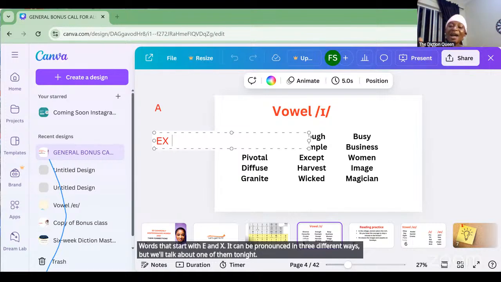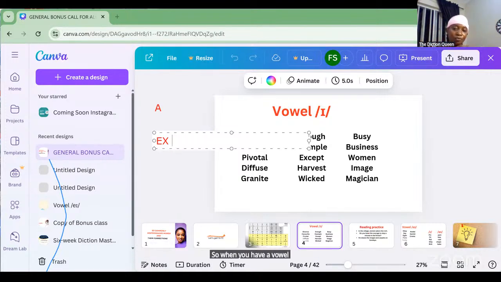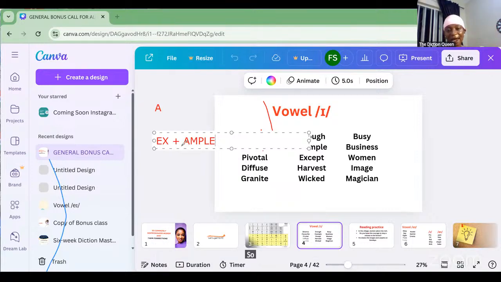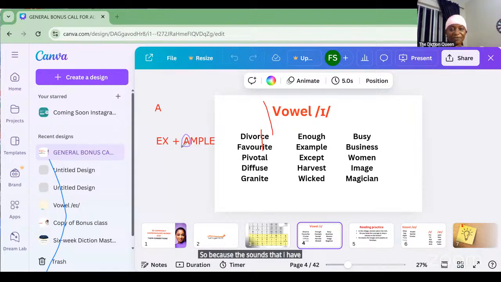When you have a vowel sound or a voiced sound after E and X. So, for example, in this word, the next letter I have is letter A, and letter A would, of course, make a vowel sound, ah. So because the sound that I have after the EX is a vowel sound, my E and X should sound egg. It should make this sound, egg, z, eggs.